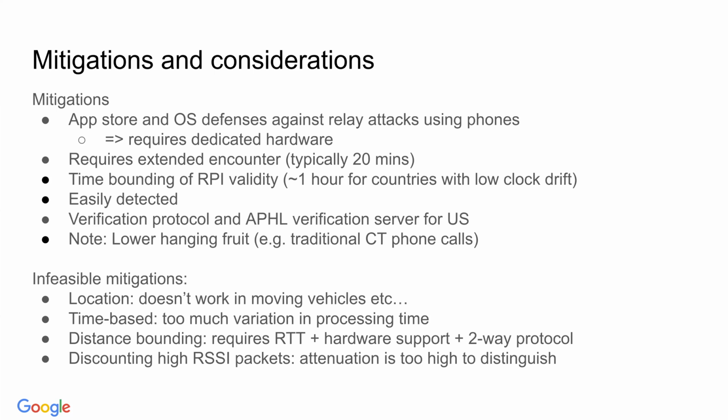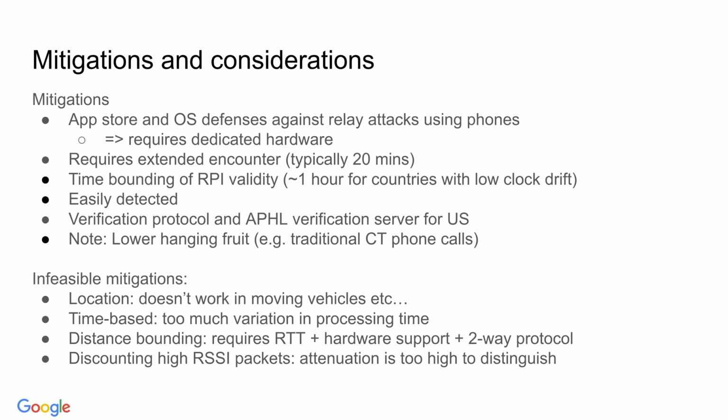We also looked at some of the standard mitigations against relay attacks that are in the literature, but for various reasons, they're not feasible in the exposure notification context. I'll just give you a couple of examples. We looked at adding encrypted authenticated location to the RPI packet and excluding packets that were not transmitted close by, but that doesn't work because exposure notifications need to work in public transport, for example, and the location can change significantly within a period of 20 minutes.